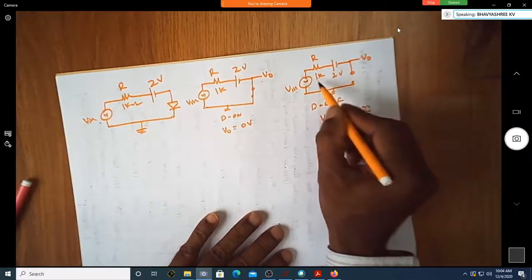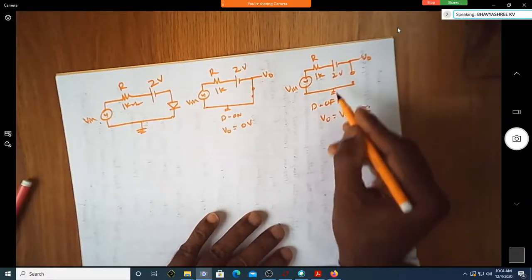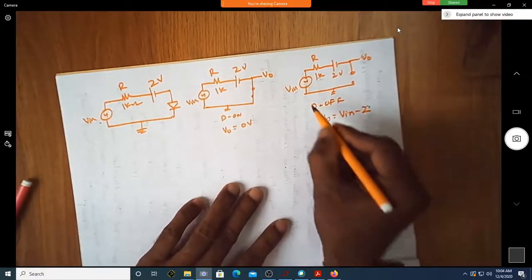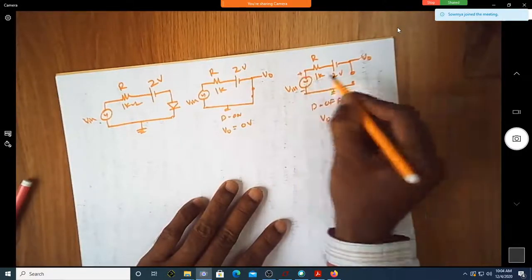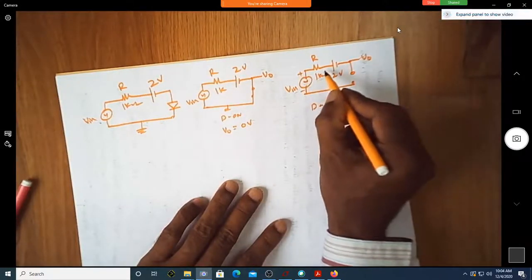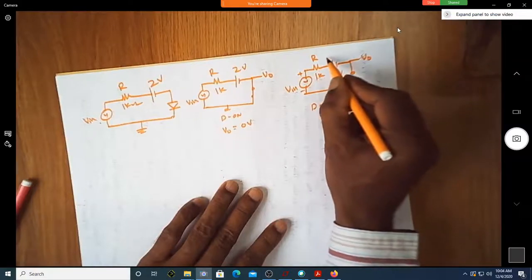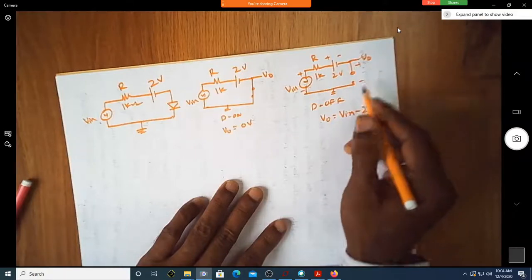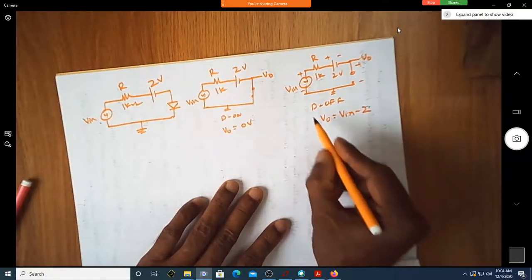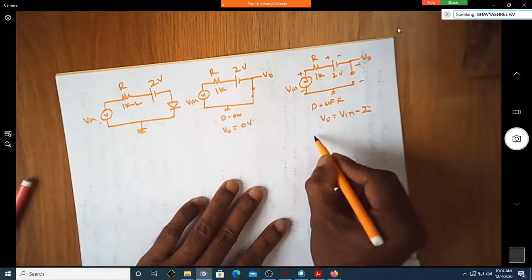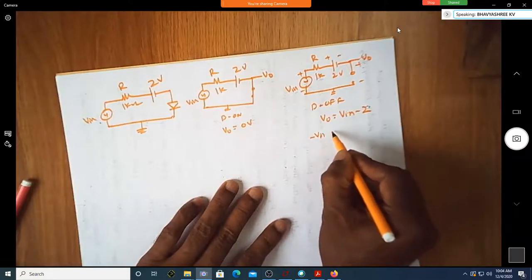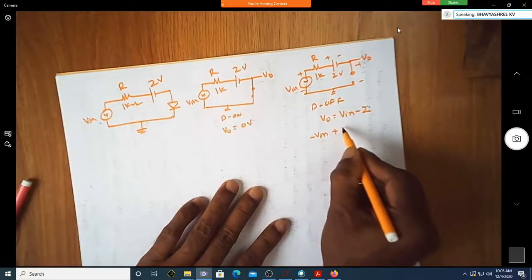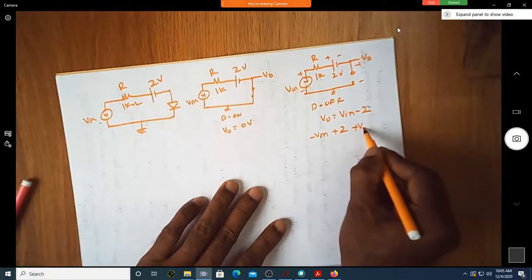When it is off, you simply write a KVL for this loop. Suppose you consider this as minus plus. Since it is open circuit, the current is 0. There is no drop here, so there is only one voltage here, and you have this V naught. Am I correct? Yes, sir. So if you consider this as negative, it is minus V in plus 2 and then plus V naught is equal to 0.